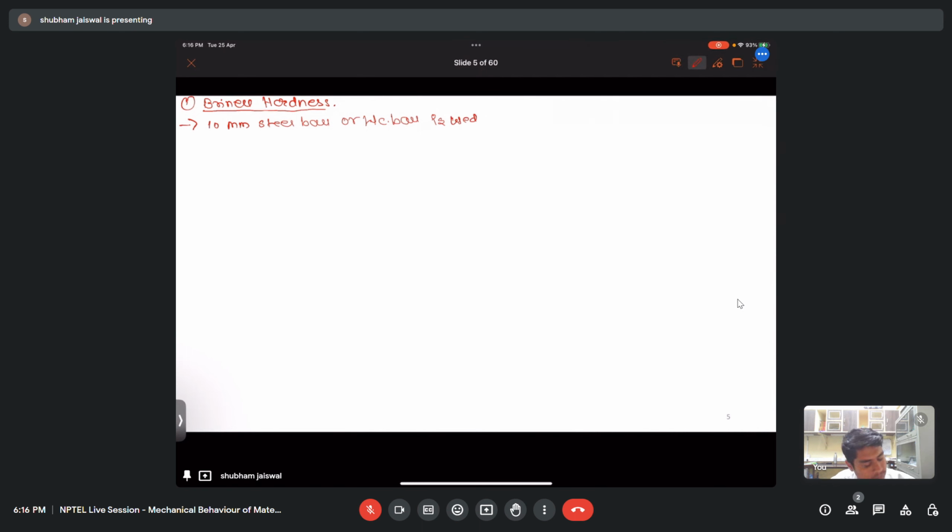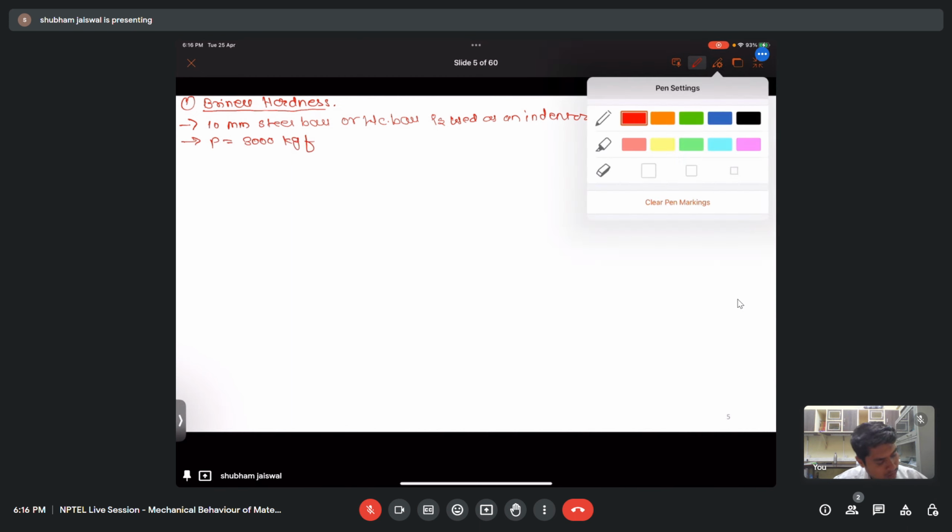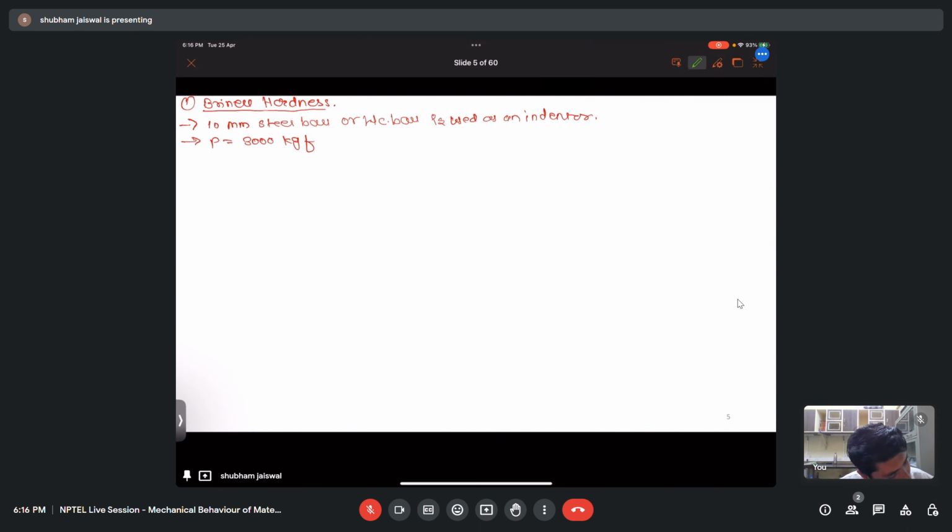So the steel or tungsten carbide ball is used as the indenter. Generally, the load that we apply is 3000 kgf. So let's say this is my sample, let me draw it in 3D.